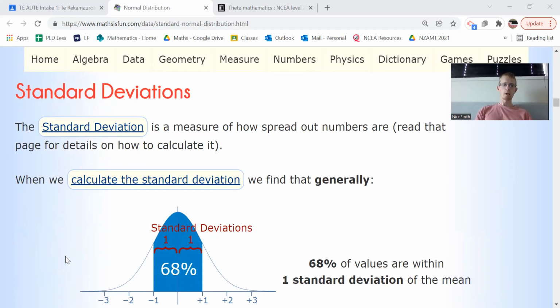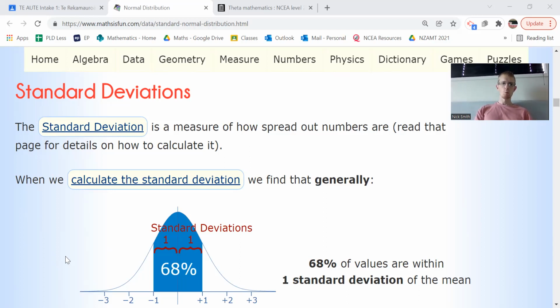There are other ways of measuring how spread out things are, and one you might be familiar with from last year is the interquartile range, or even just the ordinary range, which tells you highest number to lowest number. But the standard deviation is another measurement, and it gives you sort of an average amount of how spread out things are. We're not going to go into detail of how you calculate it. You just need to know what it means, that it's how spread out things are.